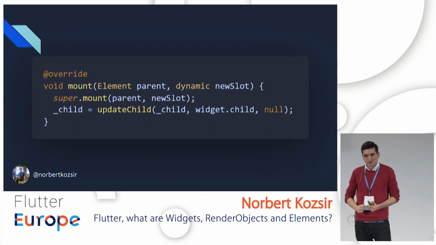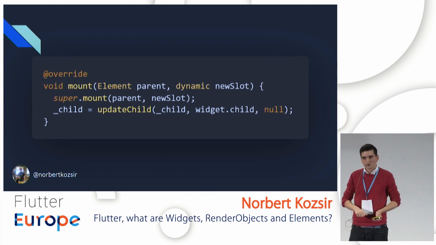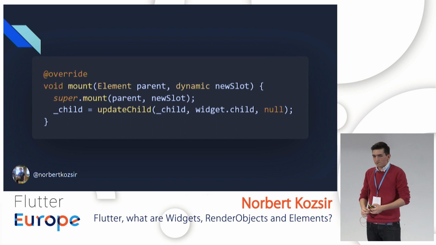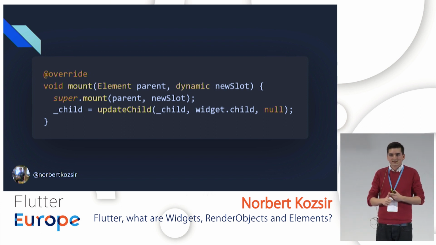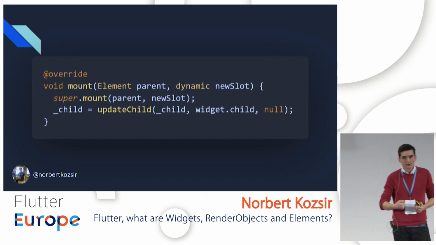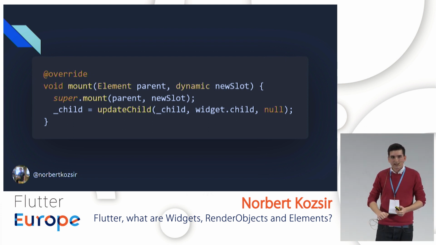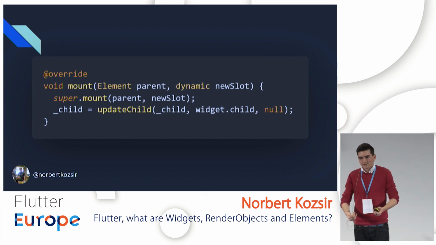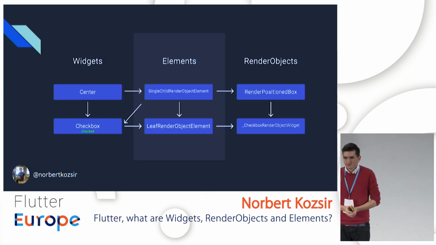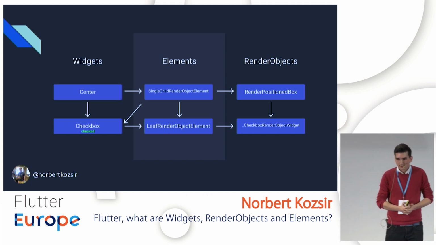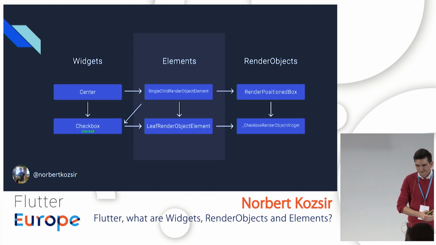If you take a look at the documentation, update child is actually a very important method, which also has a lot of documentation. And things are implemented such as looking if the key is the same or different. For example, if we rebuild the widget tree with a different key, it cannot reuse the element, so it has to throw away the element and re-inflate it. But more on that in just a second. And then it creates a render object, a checkbox render object widget.